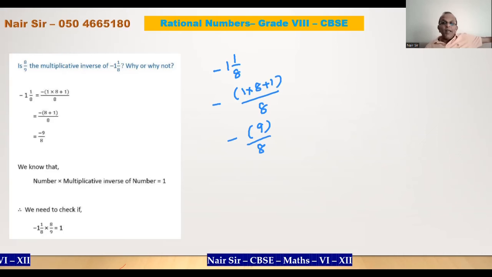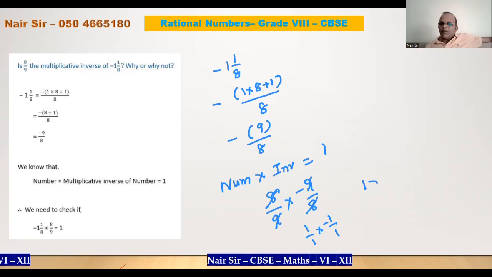Now, what do I know? I know a number multiplied by its inverse has to be 1. Now, what is the number that I've got? 8 upon 9 into the inverse. Cut, cut, cut, cut. 1 upon 1 into minus 1 upon 1.